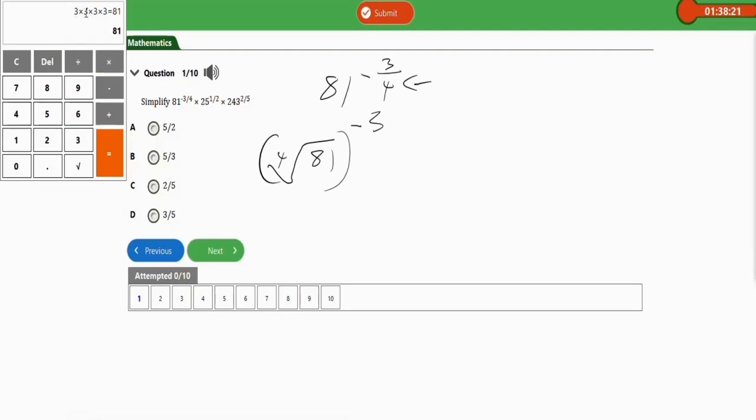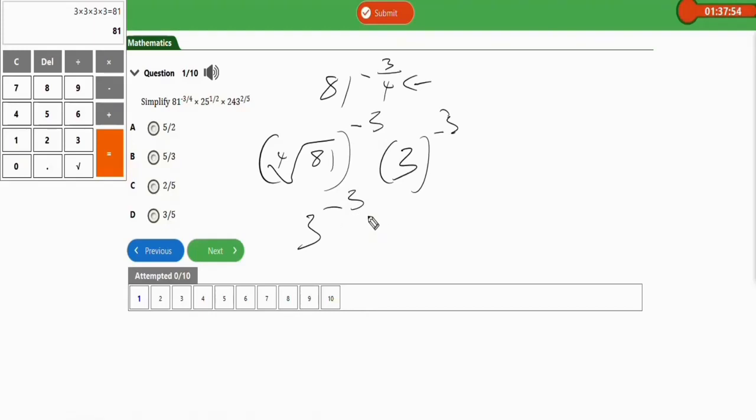This shows us that the fourth root of 81 is 3. Remember, we are in the process of breaking this down. So this will be 3 to the power minus 3. We can just remove the bracket in this structure. This is 3 to the power minus 3.